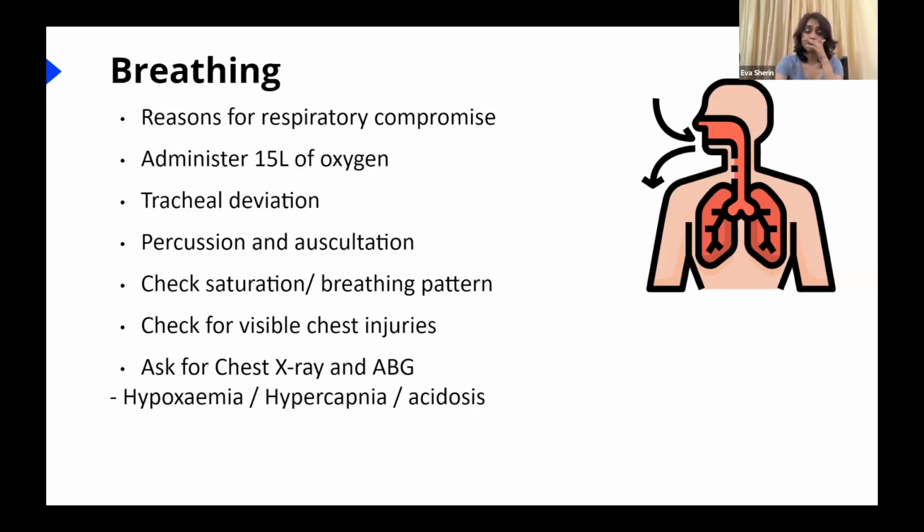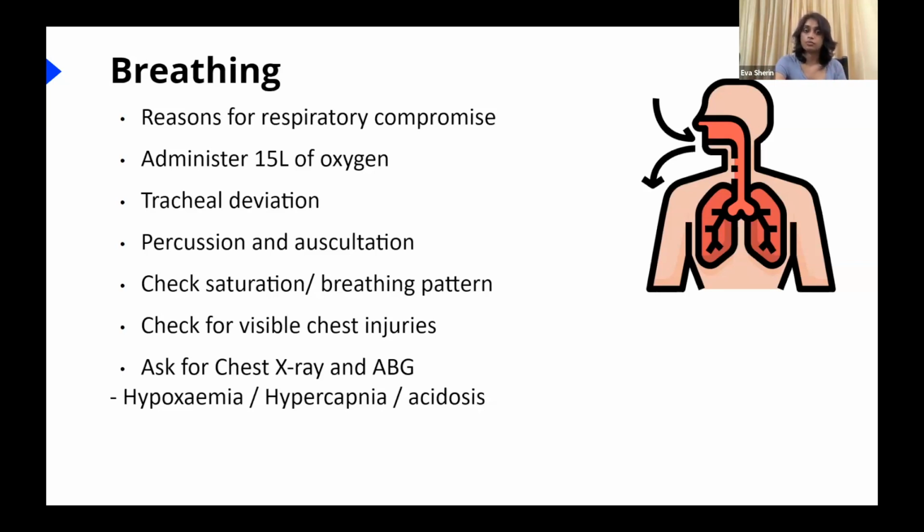And meanwhile, always start with 15 liters of oxygen. When you come and see that they call you for a high NEWS, or if they see that there is even a little bit of respiratory compromise or a stat drop, do not hesitate. Don't start at 10 liters or 7 liters because the patient is maintaining at 90%, thinking I'm going to start only 7 liters of oxygen.